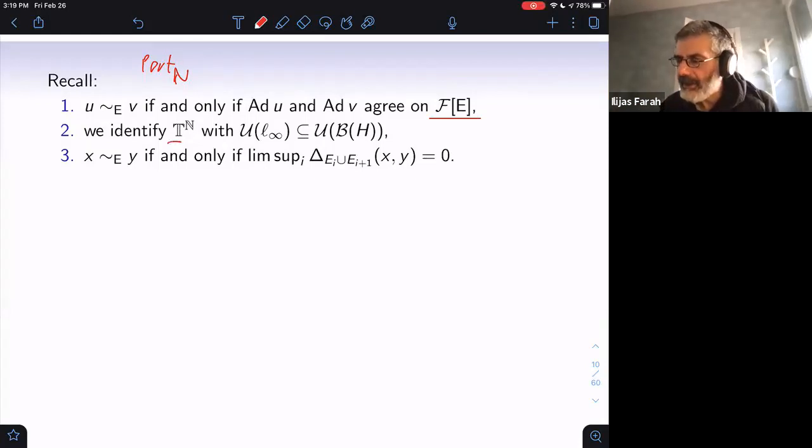Second thing, we identify T to the n with U of L infinity, which is a subgroup of U of B of H, as I just said a moment ago.